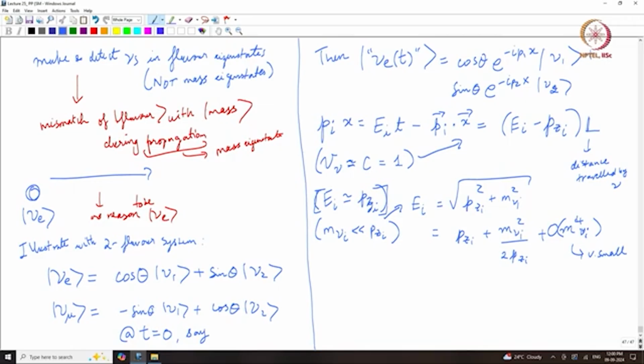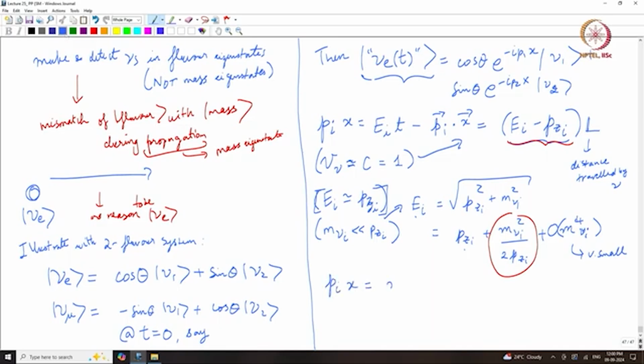So, I am going to wrap up this lecture by writing out this term using this approximation. So, what has happened now? E i is P z plus this term. So, what is this term? Let me highlight with red. That term is nothing but this. So, it is worth writing it down now.